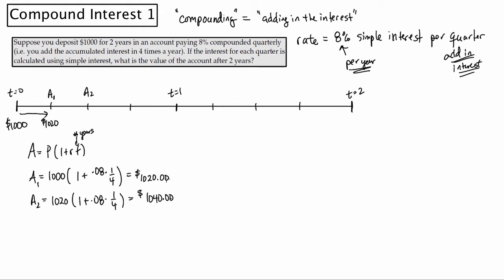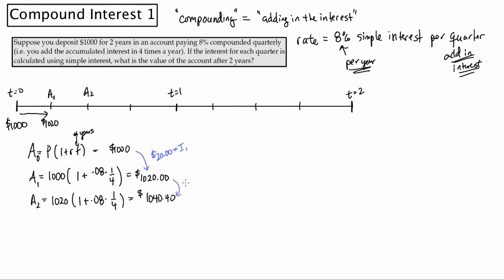The reason I knew that something was up there is we had a bigger value, so we should have increased by a little bit more than we did in the first case. In year 0, we had $1,000 to begin with, and you can see that we gained $20 over that period. So the $20 that we gained is the interest earned over the first quarter.